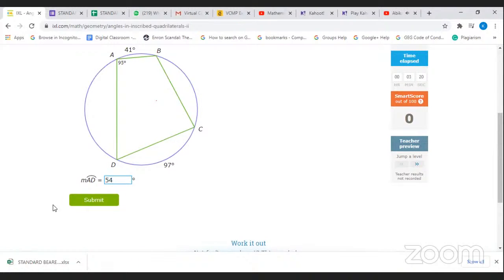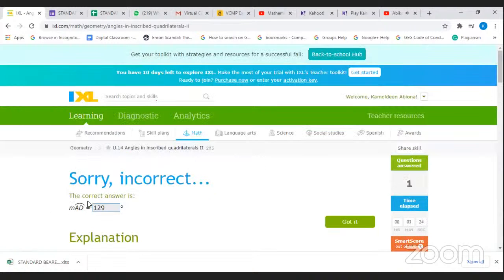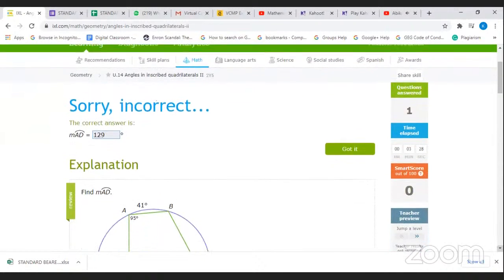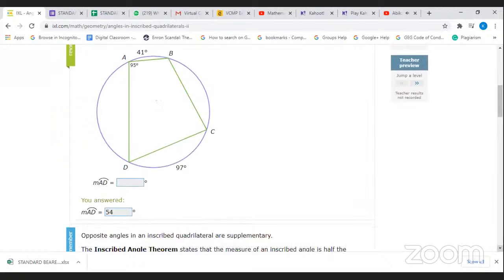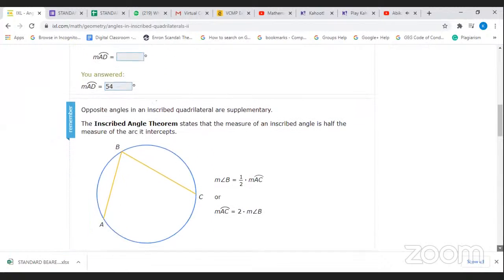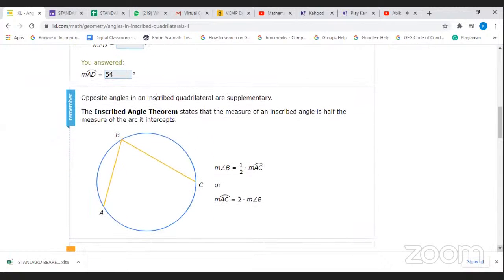So they will explain it to us. Okay, they said the answer is 129. So let's see the explanation. Yeah, I think my guess is also right. It's angle at the center. That is what they mean by angle at the center.